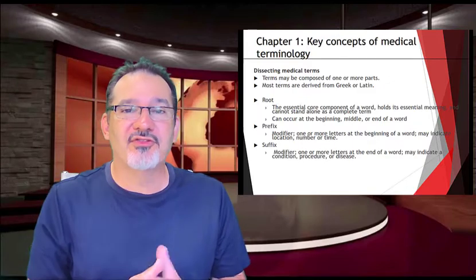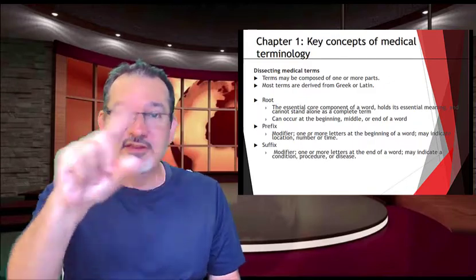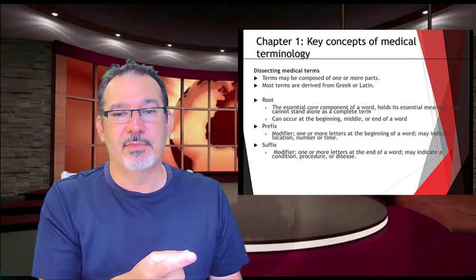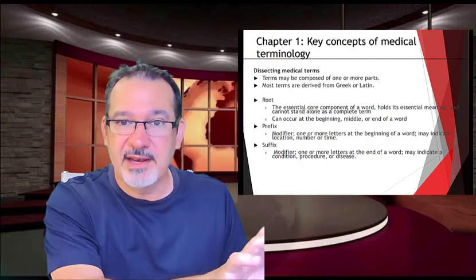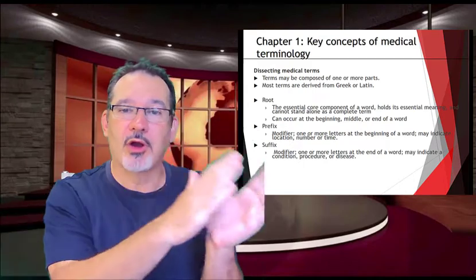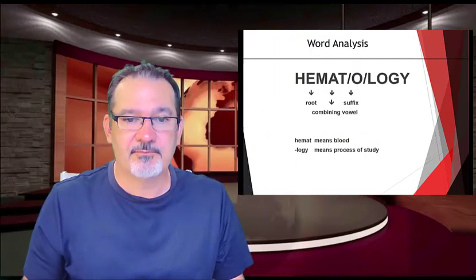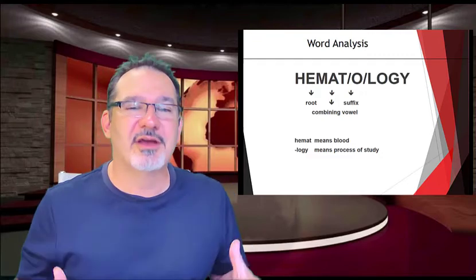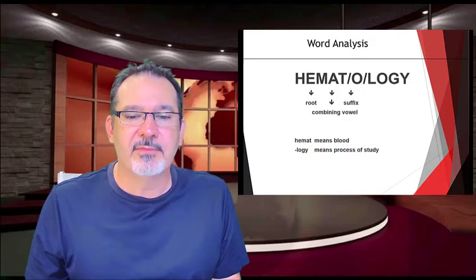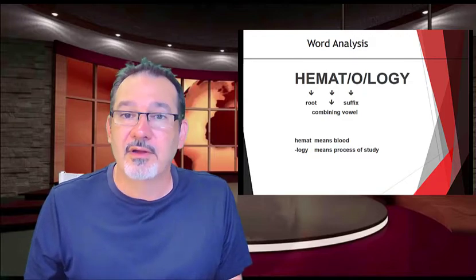So if you start with the suffix most of the time, we can define this word for people. So hematology is the study of blood. So we start at the back, we work our way back to the front. Okay? So hematology, here it is, right? One root, a suffix, combining vowel of O. Okay? The study of blood.